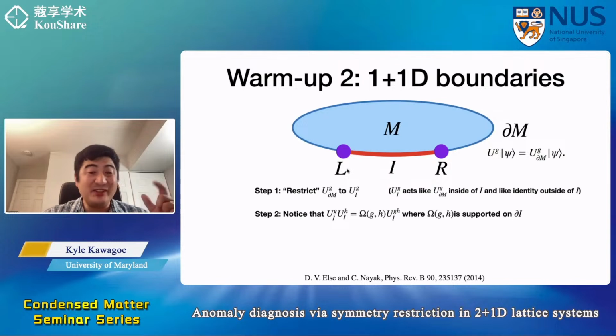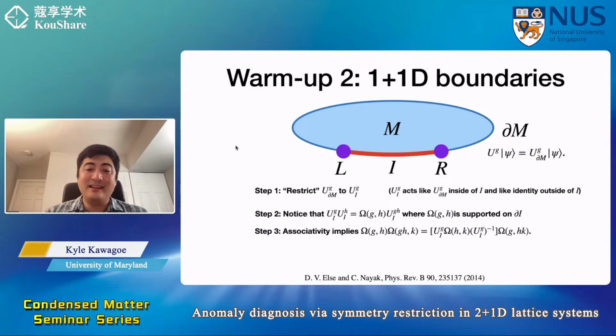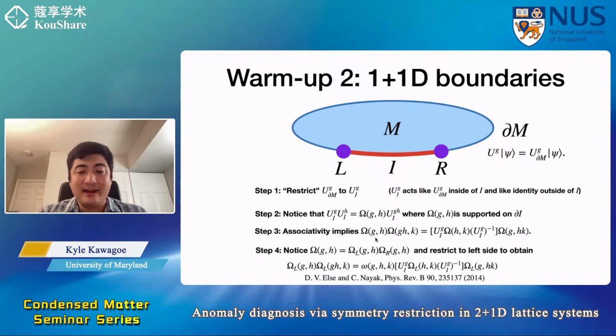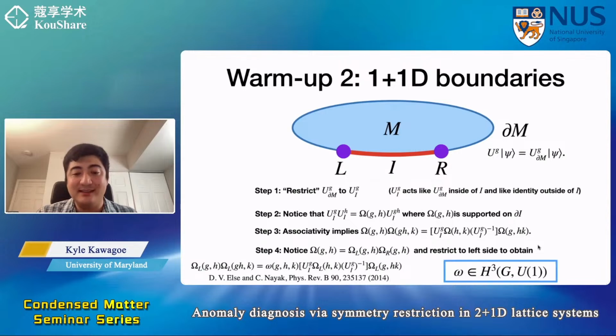Because we started with a representation and restricted to an interval, we get that the UGIs look like a representation up to some operators on the left and right side of this interval. Then you can use associativity to show that you get some relationship between these omegas, and looking at how this relationship manifests on the left and right hand side of this interval, you find that it only satisfies it up to some complex phase, which characterizes the anomaly. So it's this cocycle.